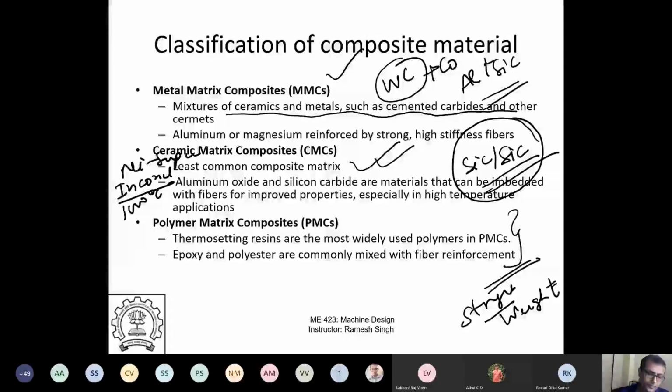Which basically means that if you take the example of Boeing 777 and Boeing 787, Boeing 787 has 50% composites, while Boeing 777 was some 60 to 70% aluminum. So now my plane is much lighter, meaning it is more fuel efficient. With the same amount of fuel, I can go much longer, which makes good business sense.